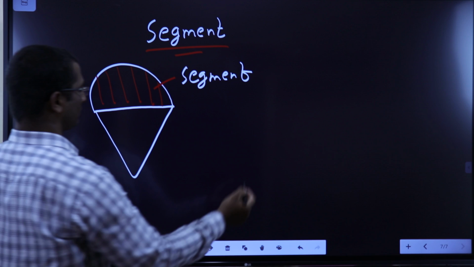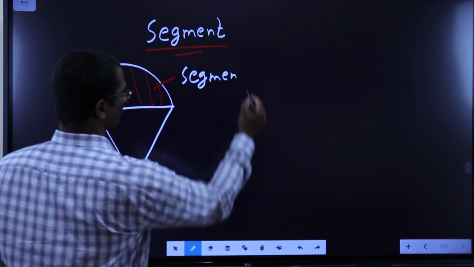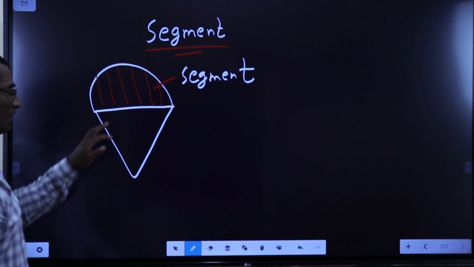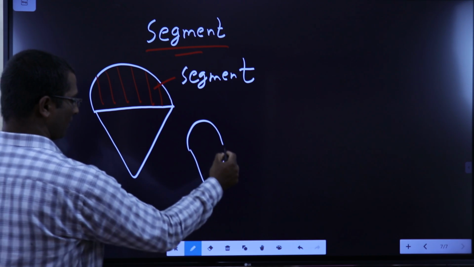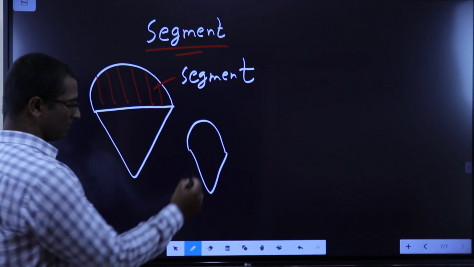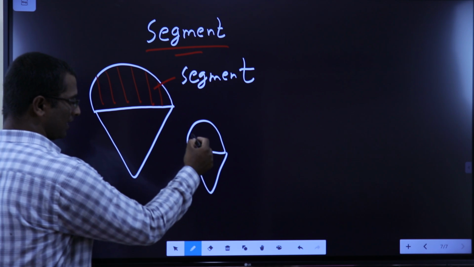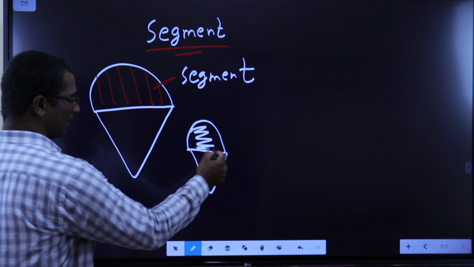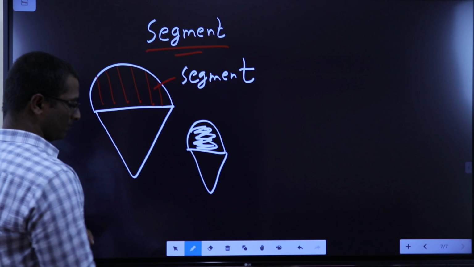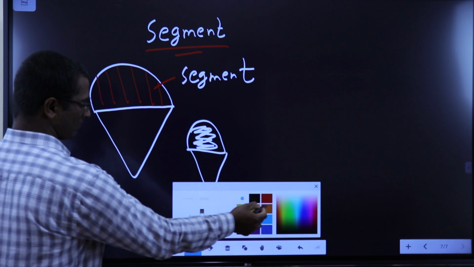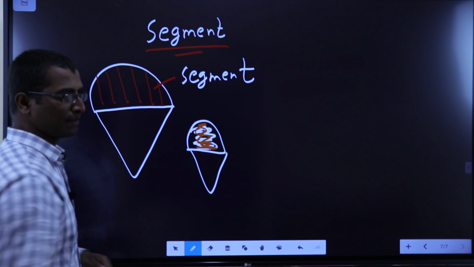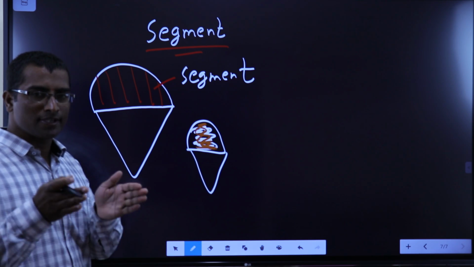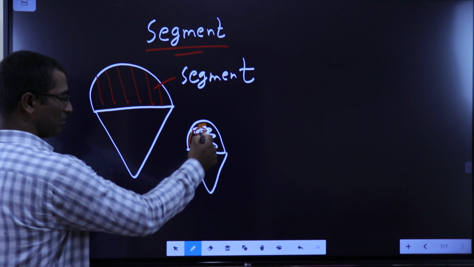Clear? One more time. This is a sector. I draw a line over here, then this part I call to be the segment. Is this clear? Understood what segment means? This particular portion.